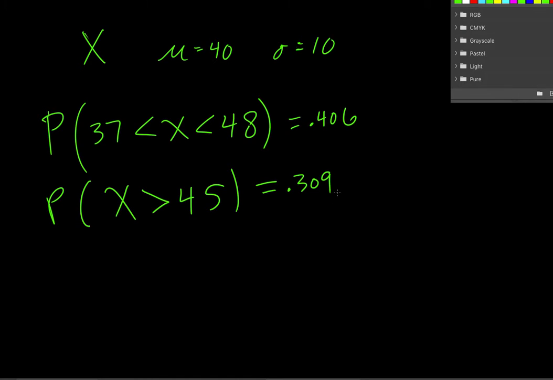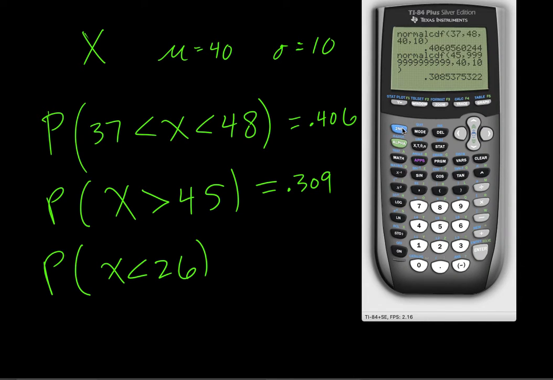Or roughly a 31% chance. Okay, now we have probability x is less than 26. So we go back to that. Here, I'll go through the process again. So catalog, hit n, normal CDF.